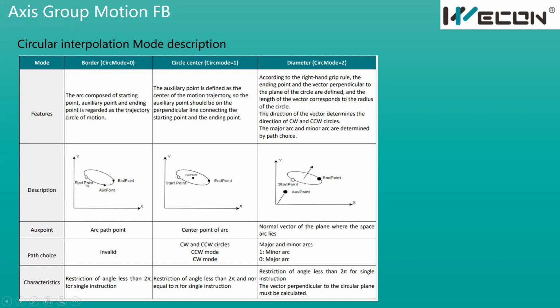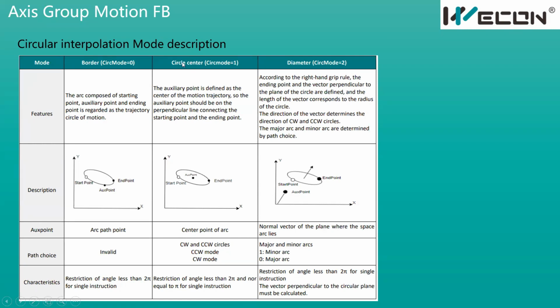If we have 3 points, we need to ensure that the angle of the circular should be less than 2 pi for one instruction. Otherwise, the function block will report an error.